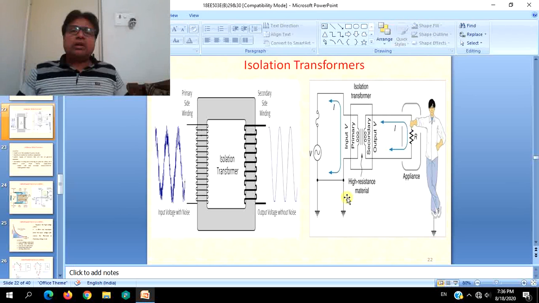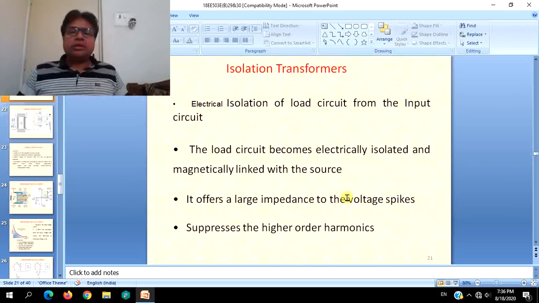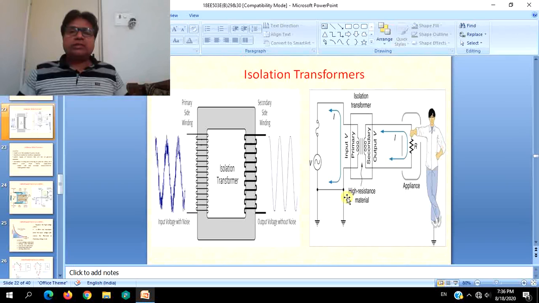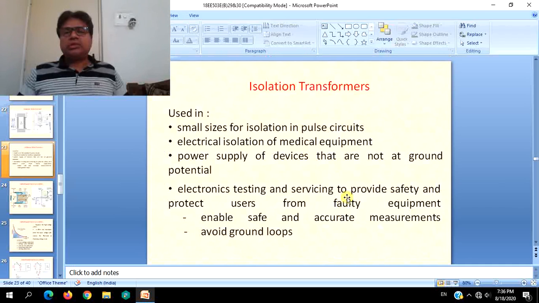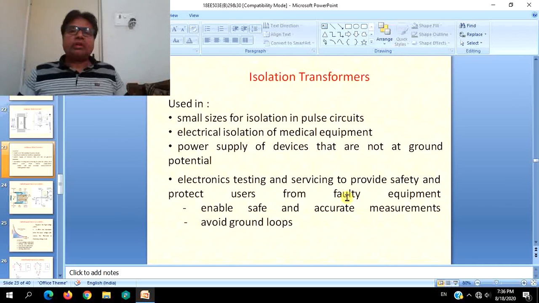So that is how an isolation transformer will result in suppression of spikes and harmonics and provision of electrical isolation. These isolation transformers are mostly used in isolation of pulse circuits.